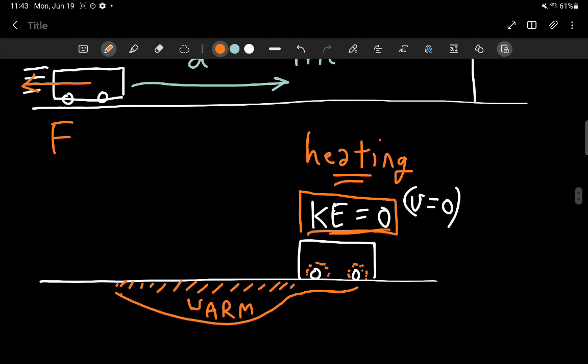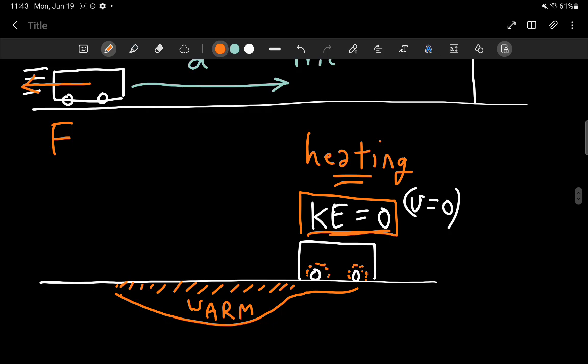So the truth is you can't store potential energy in friction. If your goal, though, was to create a hot surface where you could do some cooking or welding or something useful with heating, there is a utility in using friction for warming. When you're cold outside and you rub the palms of your hands together because your hands are cold, you warm up your hands, right? And so there's utility there.